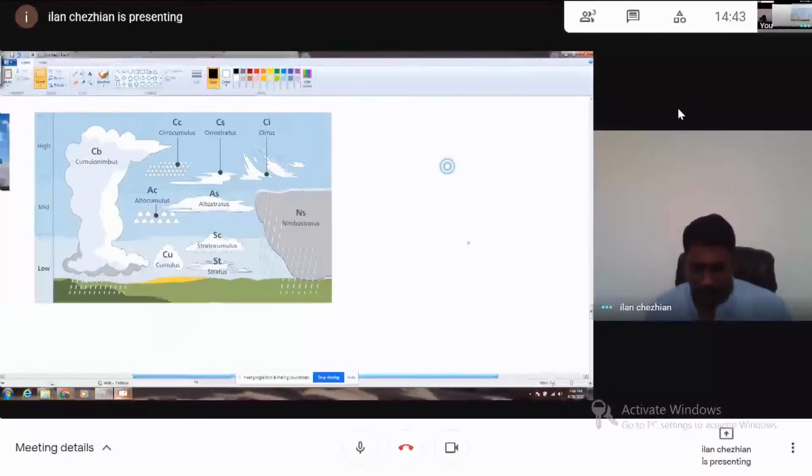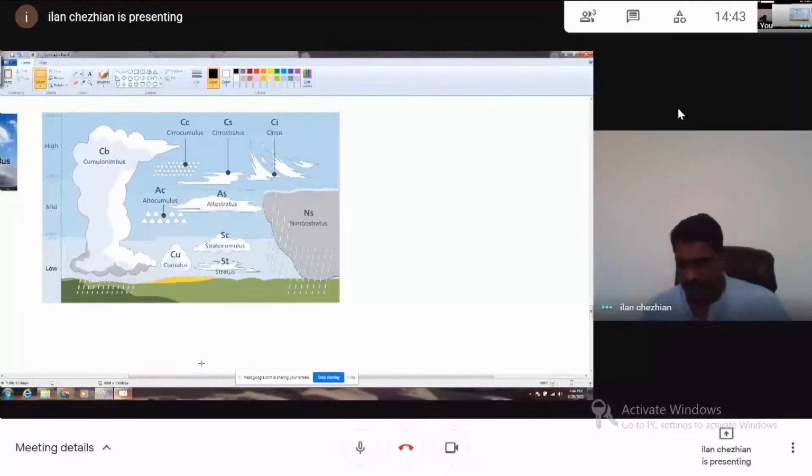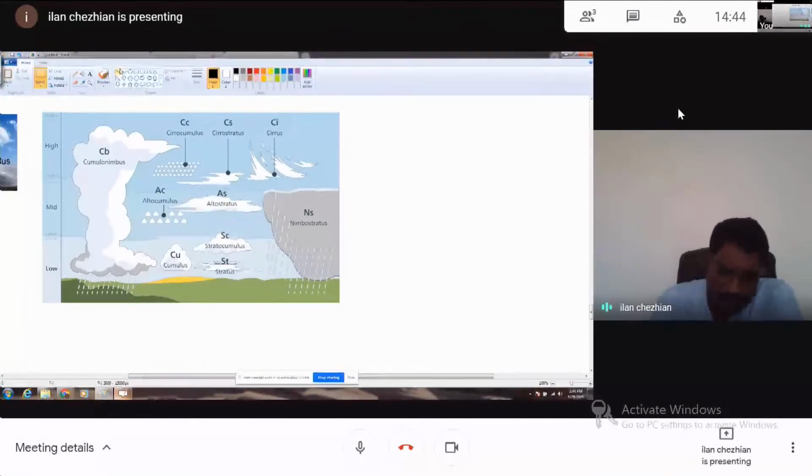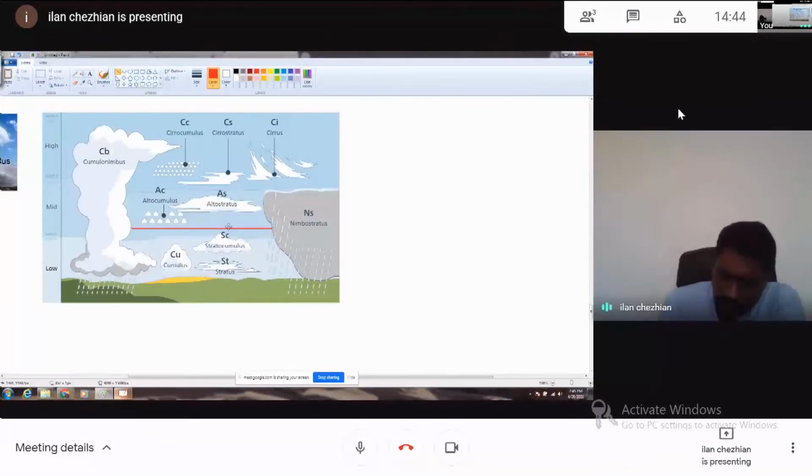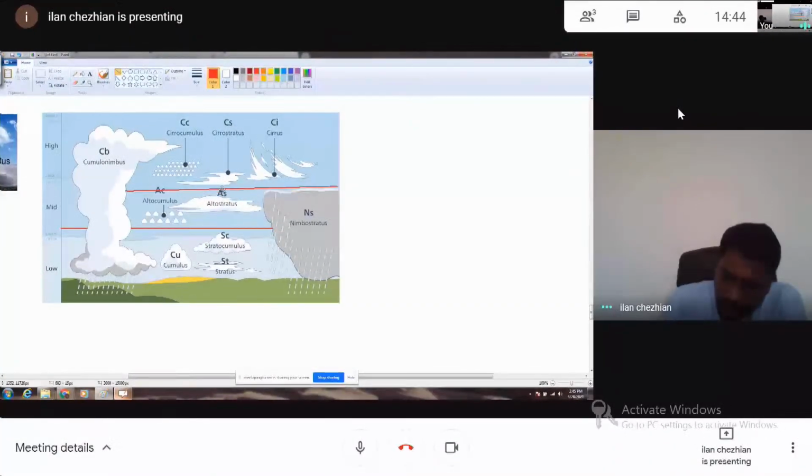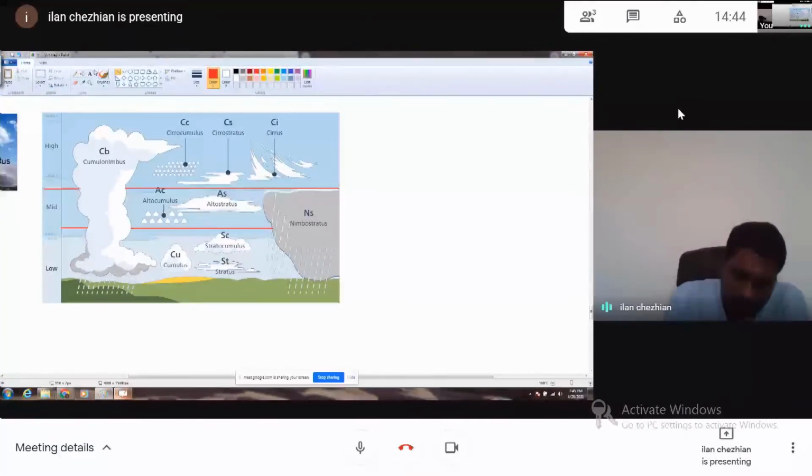Okay, right. Somewhere, I think you can see it. See, the values may slightly change. You know, based on height, we have classified the cloud into different types, my friend. Say for example, low altitudinal cloud, mid altitudinal cloud, and high altitudinal cloud.